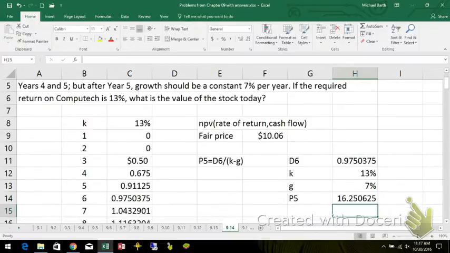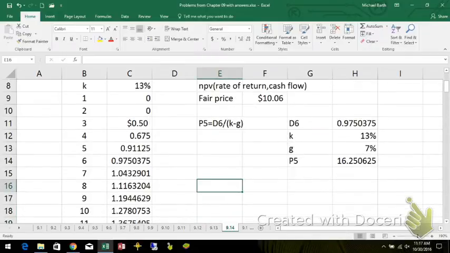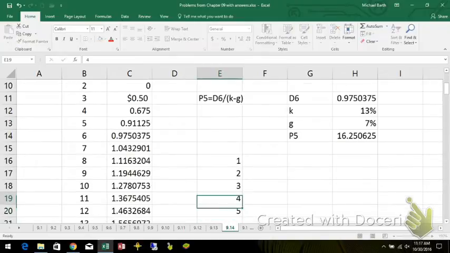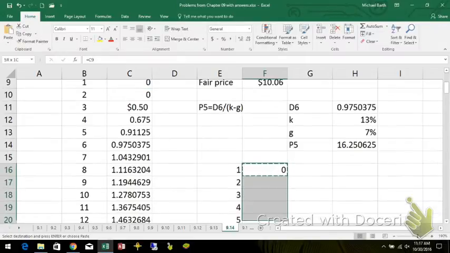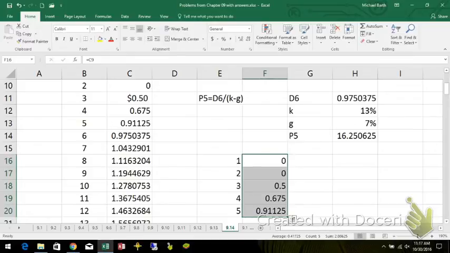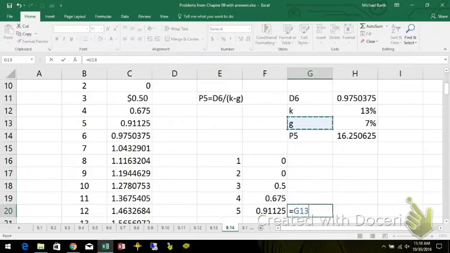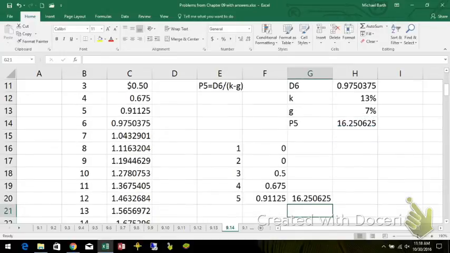On a timeline, if I look at year 1, year 2, year 3, year 4, and year 5, the dividends are one of the sources of cash flow. And then at the end of year 5, I'll own something that has a fair price of $16.